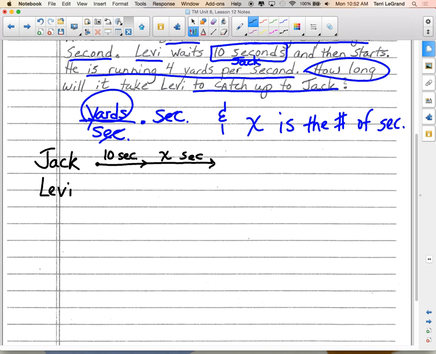Does Levi start at the same spot? Yeah, he starts at the beginning. And how long does Levi run? And where does he stop? No, Levi runs till he catches up to Jack. And how long does he run? Is he running during that 10 seconds? No, so he's only going to run the X seconds, right?